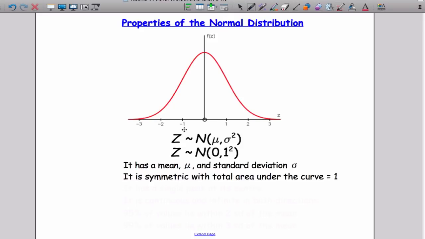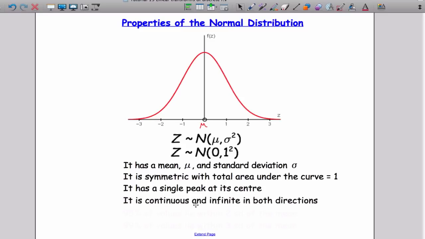In this diagram, that's my mean mu, which is actually 0. Further things to note, it has a single peak at its center, which is up here. It is continuous and infinite in both directions.